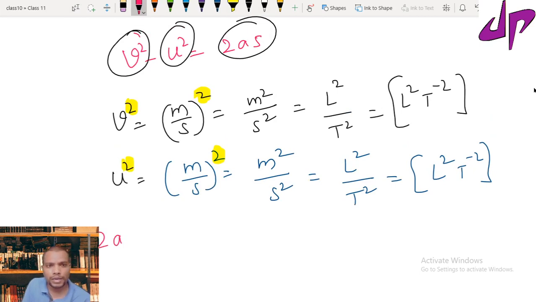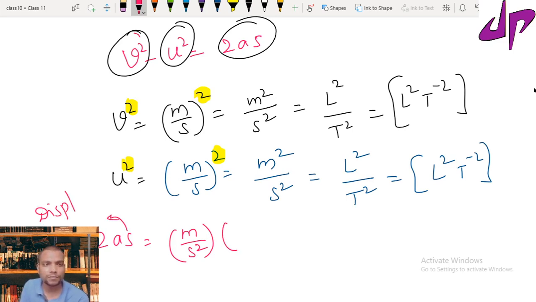For 2as, 2 is a constant and does not have any dimensions. Acceleration is nothing but meter per second square, that is the unit for acceleration, and s is the displacement, having units meter.